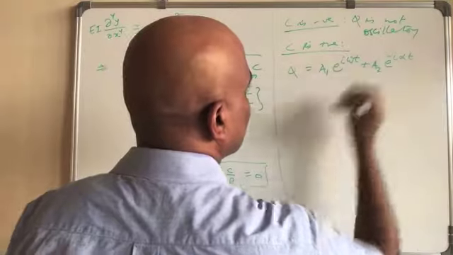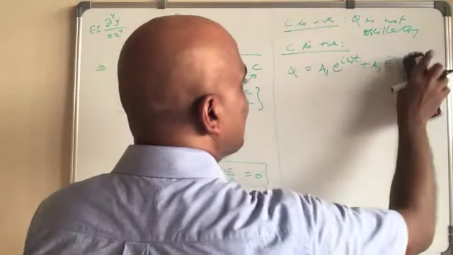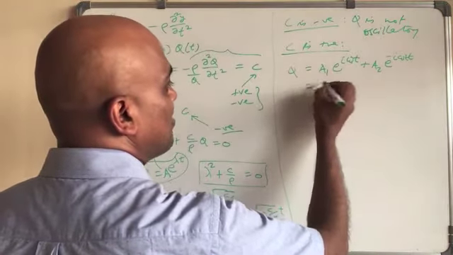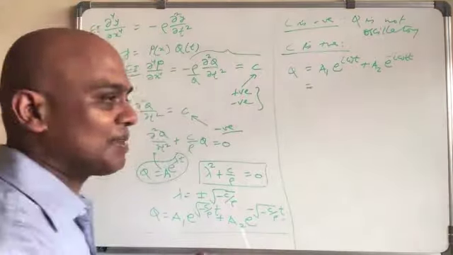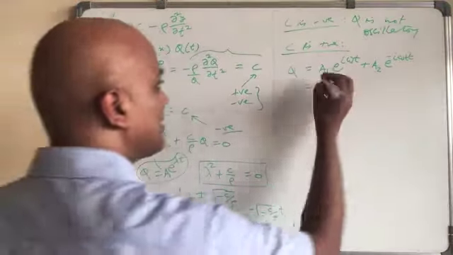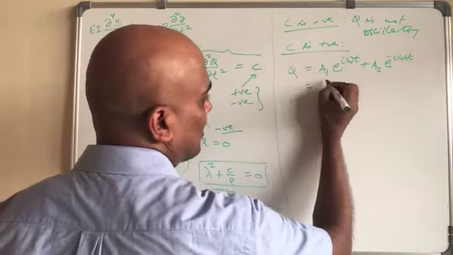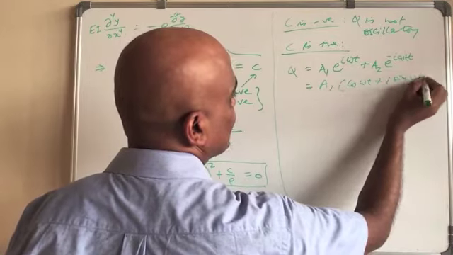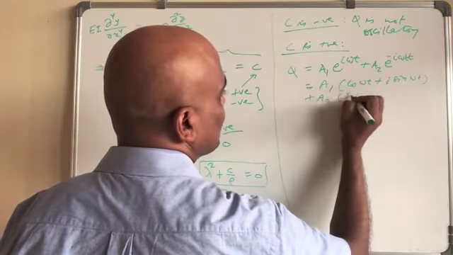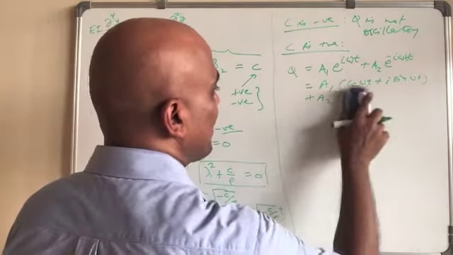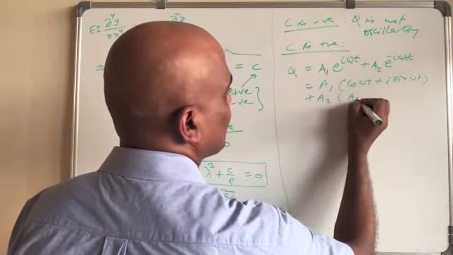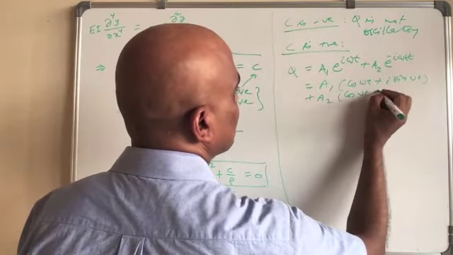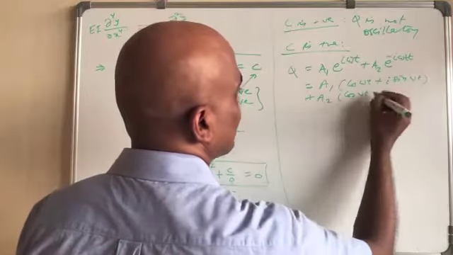Now you can see the sine and cosine terms come into the picture. So this is A1 (cos omega t plus i sine omega t) plus A2 (cos omega t minus i sine omega t).